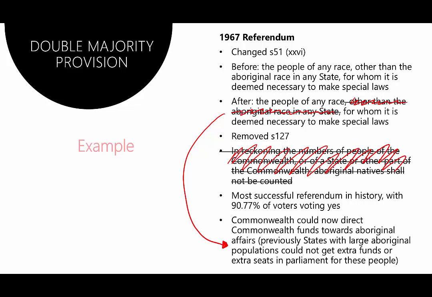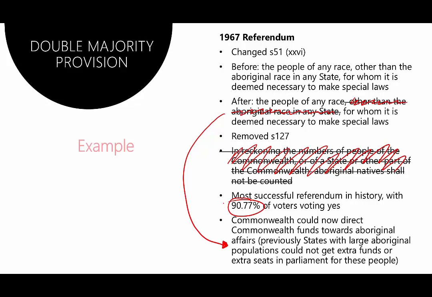What this change did is, when 90.77% of the Australian population agreed and voted yes, it gave the Commonwealth more power. And it gave the Commonwealth power to make laws specifically for Indigenous people.